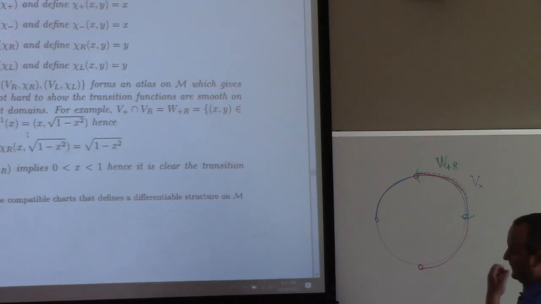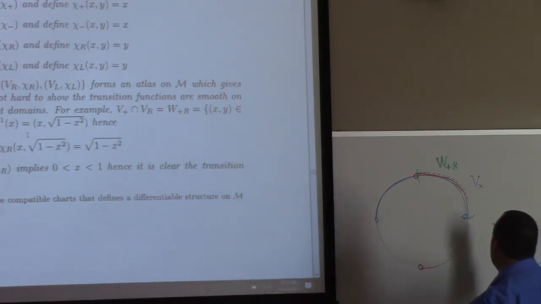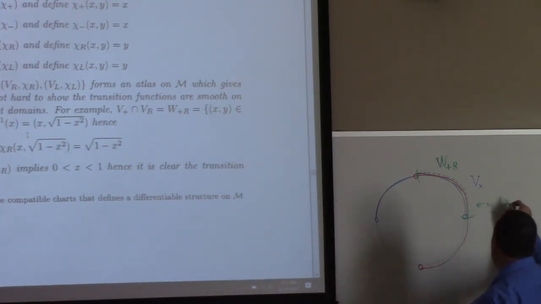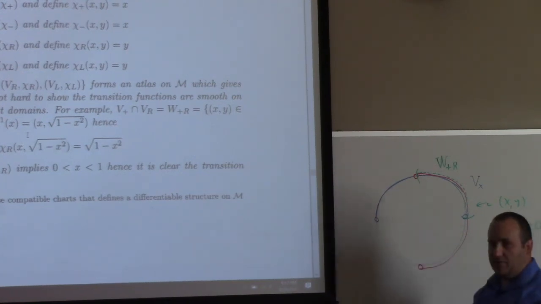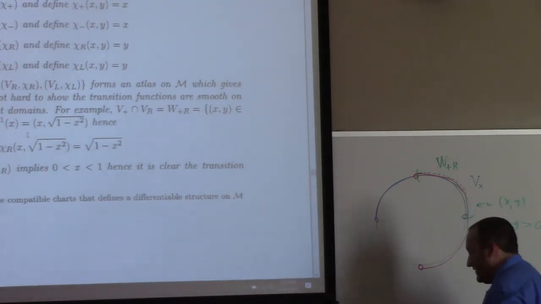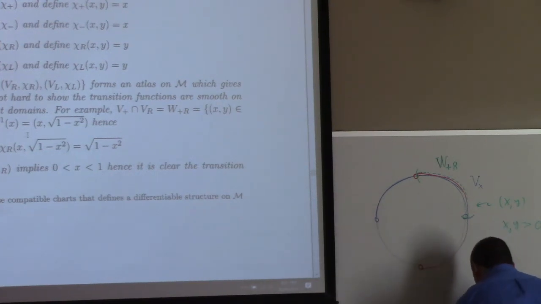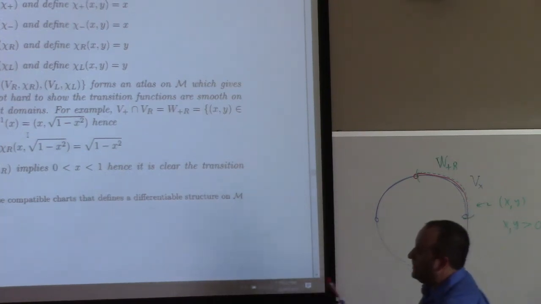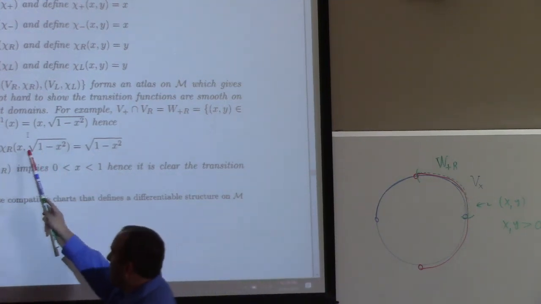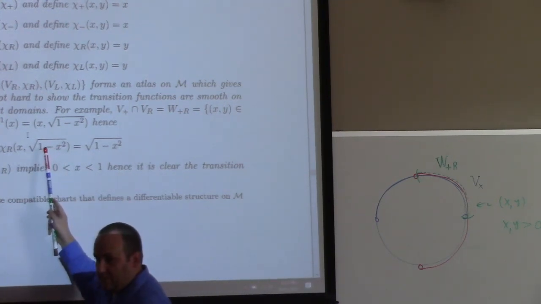So those points have x comma y such that x and y are both greater than 0, right? In that intersection. And that's why, first of all, the inverse map gives me back plus square root, because it's there.